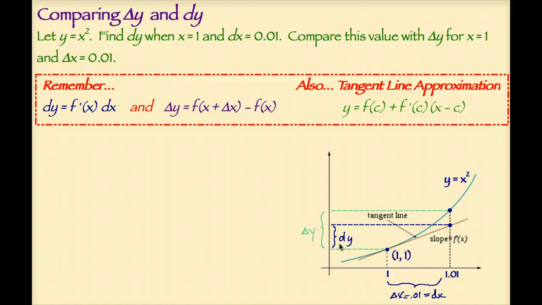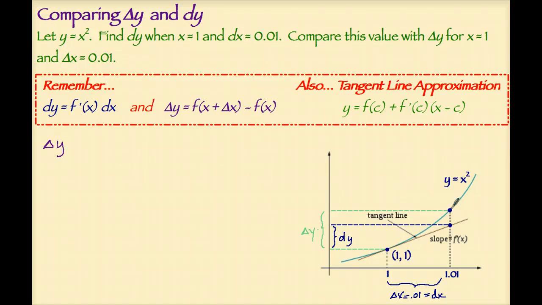Dy, the differential, is the difference between the original point (1, 1) and the function value on the tangent line that we've drawn at the point (1, 1). Notice that is slightly different than the actual function value, but that is the differential. What we're going to find is that dy, the differential, is a very close approximation of delta y, the actual change in function value.